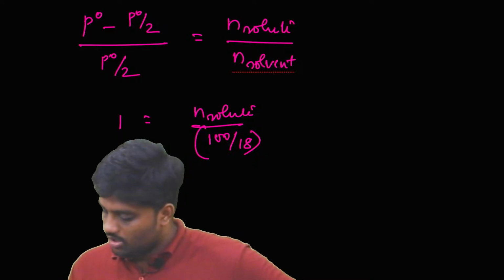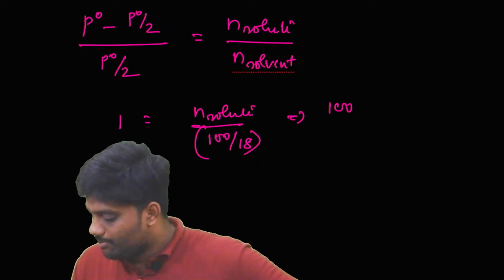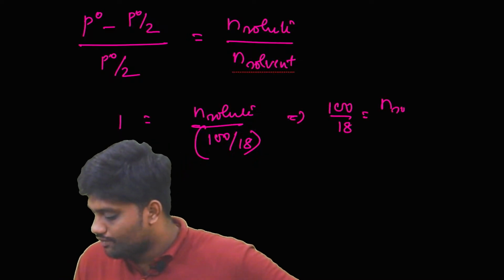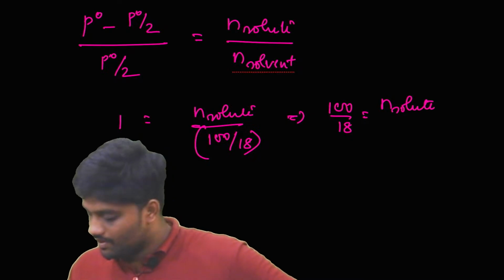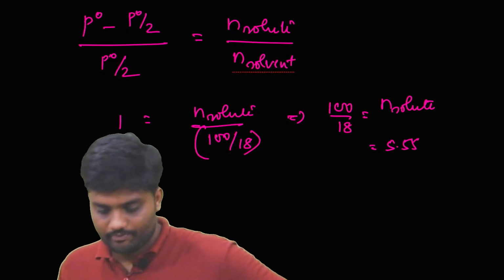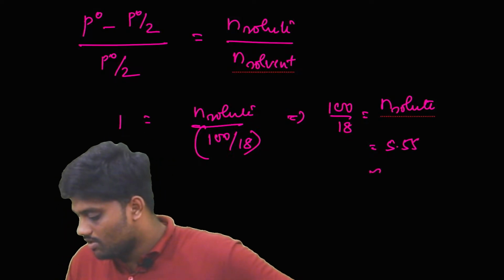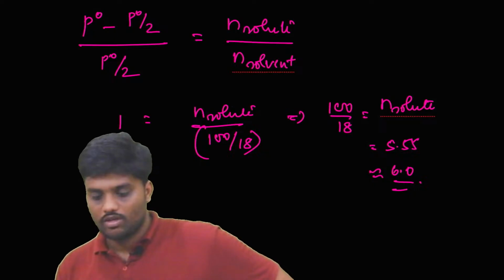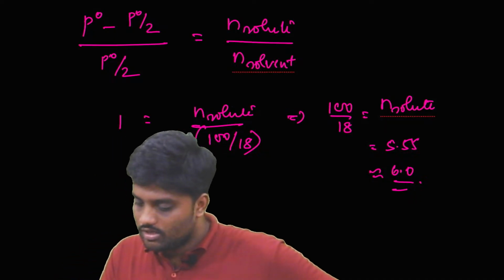So 100 upon 18 is equal to moles of the solute. This is equal to 5.55, which is nearly equal to 6.0.